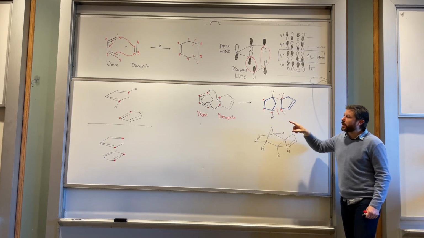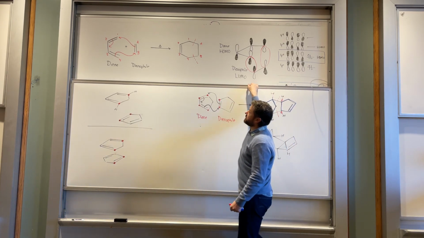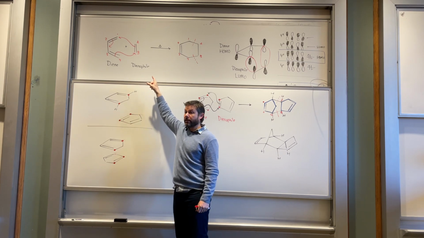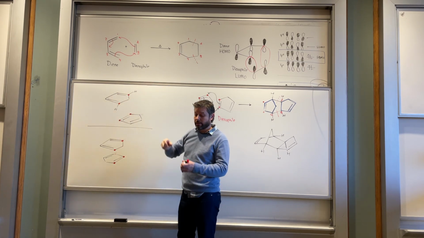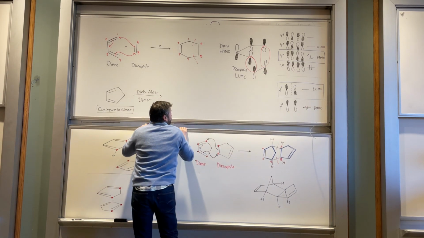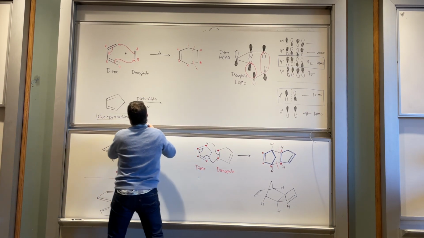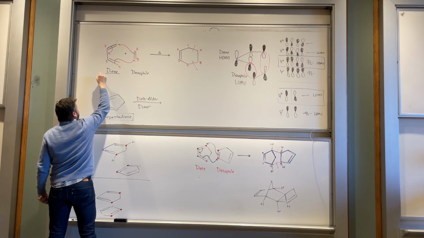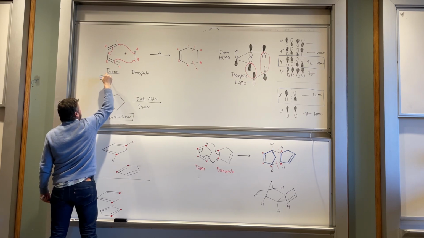And the reason why, so I said that this reaction doesn't happen very well, right? If we take 1,3-butadiene and ethene and try to react those together, it doesn't happen very well. And that's because whenever we do these reactions, the typical way of doing them, the diene needs to be electron rich, so we usually need some electron donating groups.